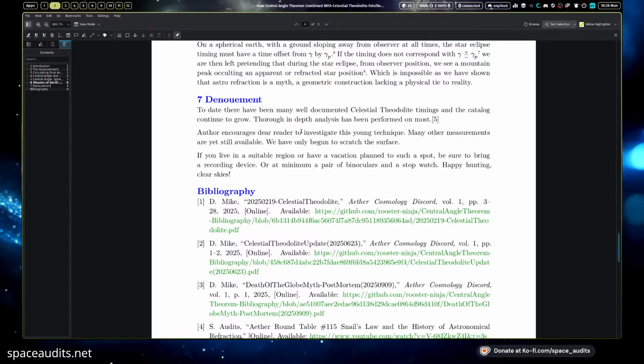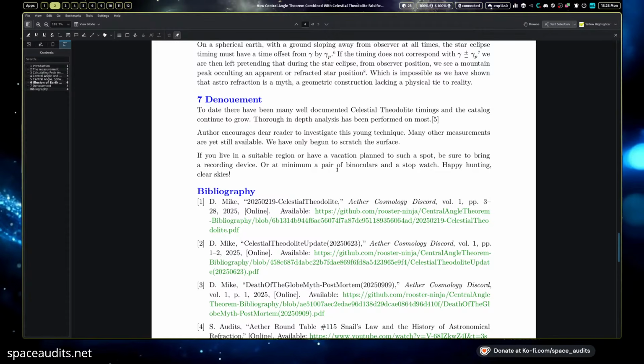Many other measurements are still available, and we have only begun to scratch the surface. If you live in a suitable region or you're going on vacation where there's a suitable spot to make celestial theodolite measurements, be sure to bring a recording device that's synchronized to GPS time, or at minimum, a pair of binoculars and a stopwatch.